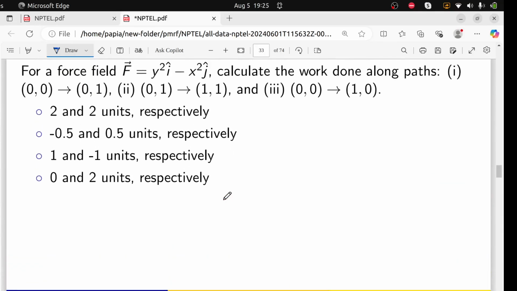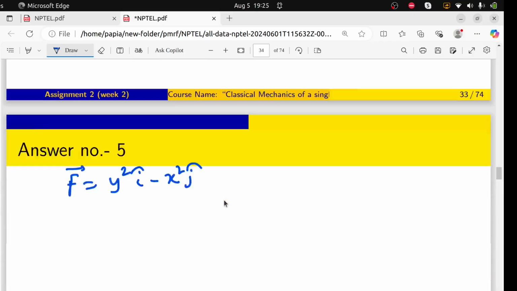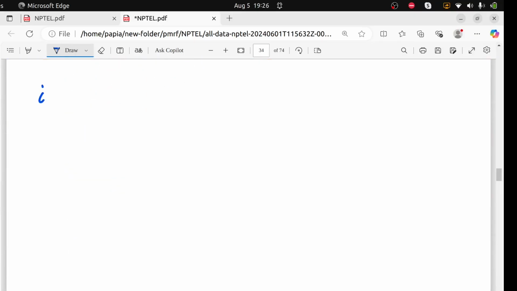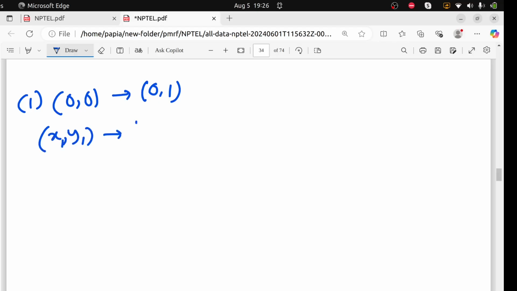Calculate the work done along the paths 0, 0 to 0, 1. So let me first write here. First path is 0, 0 to 0, 1. So it is nothing but x1, y1 to x2, y2. So now you can see here that x1 is not getting changed, like x1 and x2 are same.